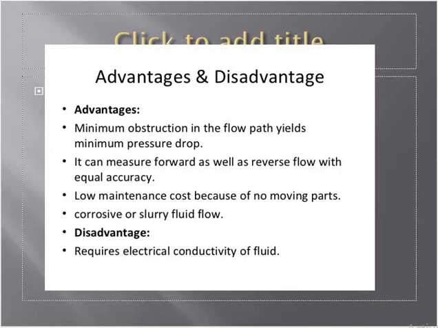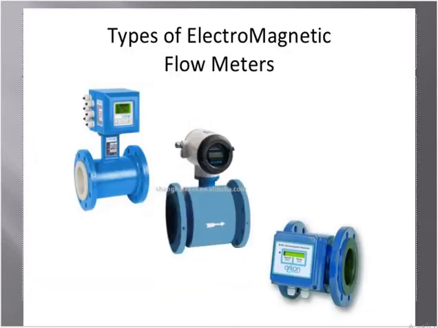Low cost. All these things are advantages of this magnetic flow meter. One main disadvantage is that it requires electrical conductivity of the fluid. If the electrical conductivity is not there, it is very difficult to measure that fluid.